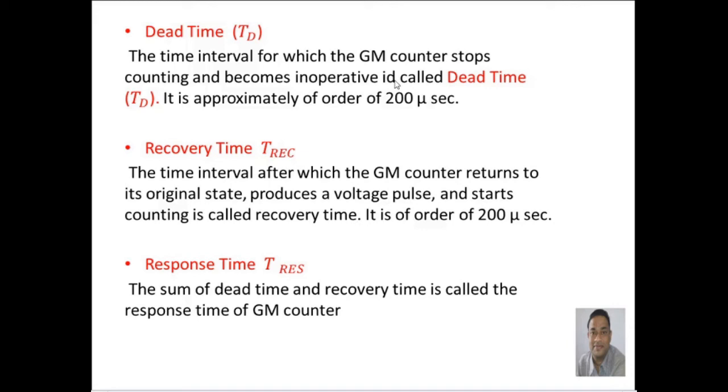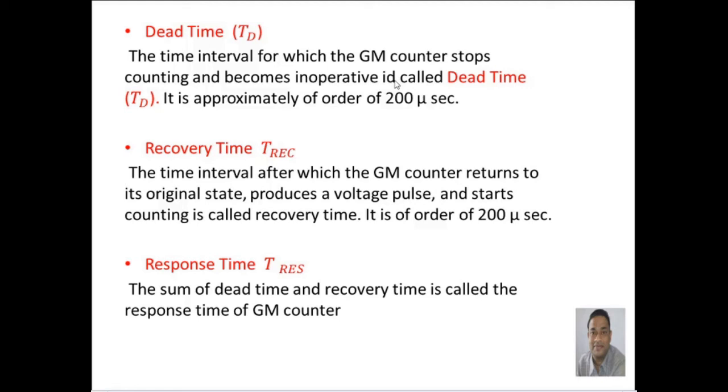So for a short duration, the GM counter has stopped counting and it has become inoperative. That particular time for which the GM counter has become inoperative, it had stopped counting, is called the dead time. It is approximately 200 microseconds.